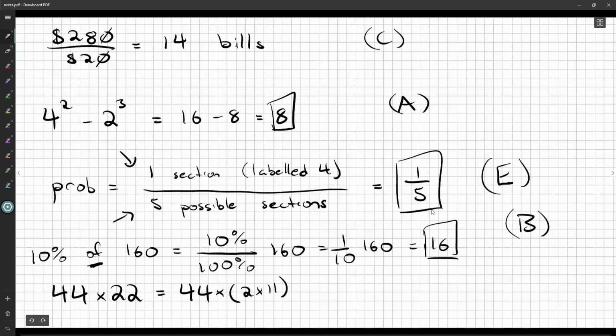And then we can sort of bring that 2 and combine it with the 44 because, well, multiplication doesn't care where the brackets are. And then I've got 88 times 11, which I think was B. I'll check in a moment. But there we go, and I haven't used my calculator or anything.